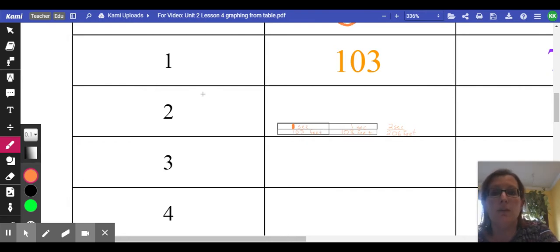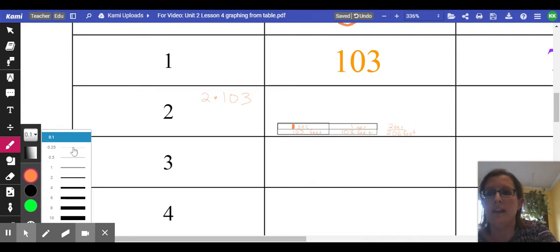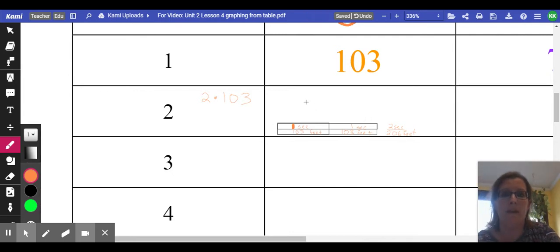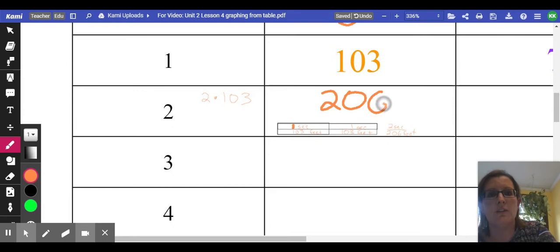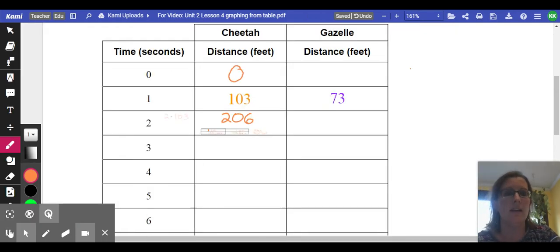So we would do 2 times 103, because for this next column, it was 2 seconds, and 2 times 103 will be 206 feet. And then we can continue that pattern.